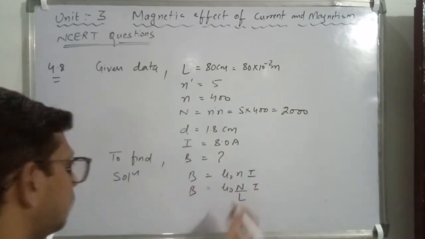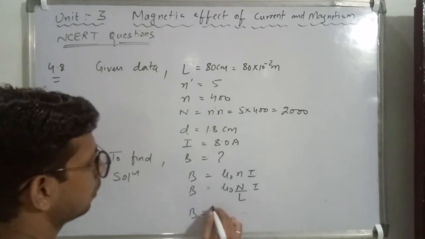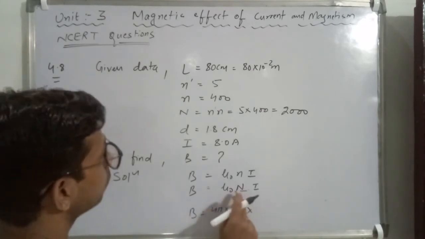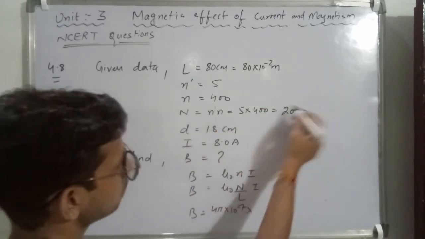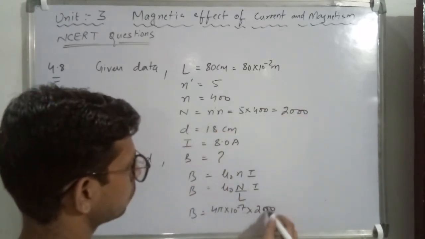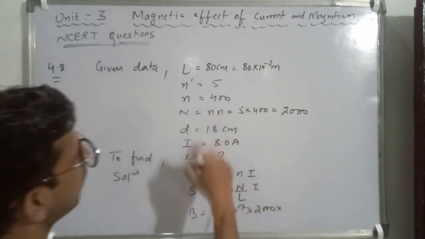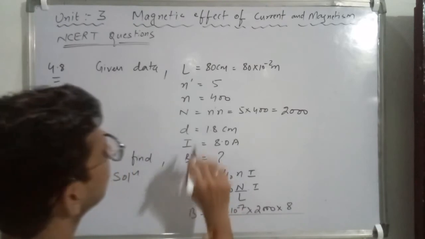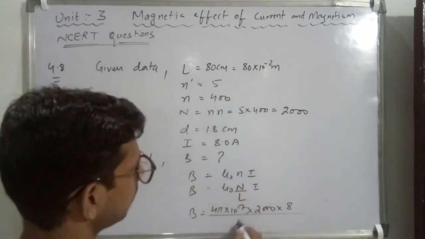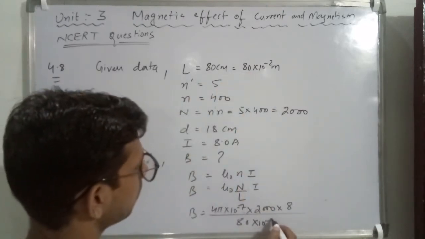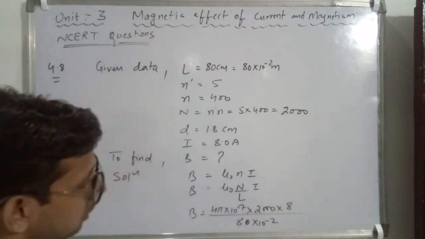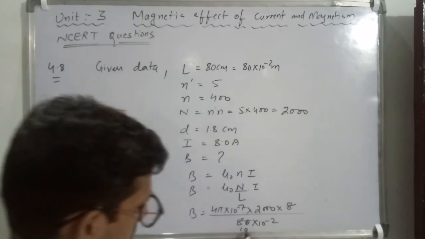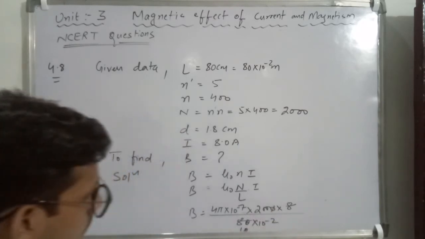Now putting all the values, B equals 4 pi into 10 raised to minus 7 into capital N, total number of turns 2000, into I, which is given as 8. Okay, L is the length, which is 80 into 10 raised to minus 2. Now this will be cancelled out, we can cancel it.